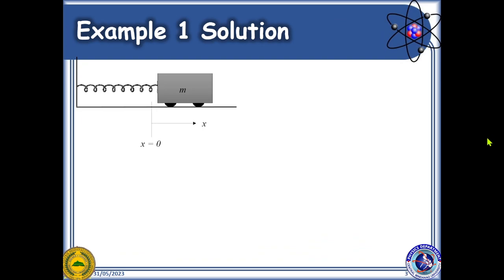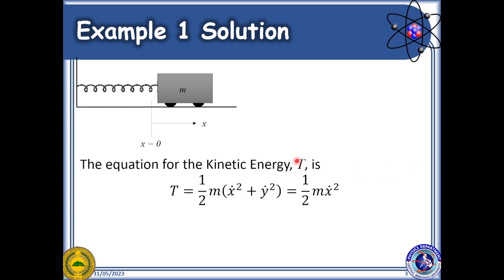As you can see in this diagram here, the cart is moving on a frictionless surface along the x-axis. So take note that there is no movement along the y-axis. Thus, we can conclude that velocity along the y-axis is 0, or y dot is equivalent to 0.